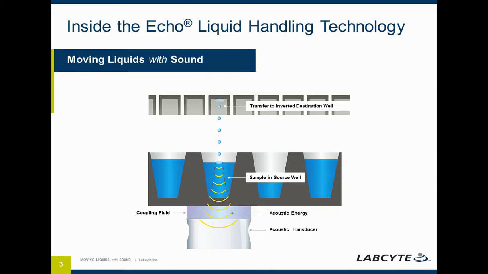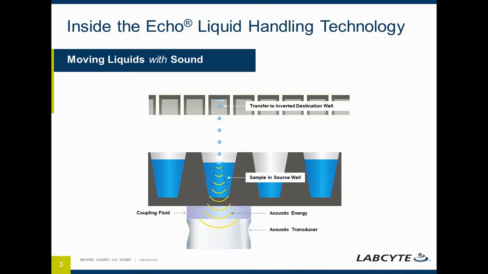Okay, let me tell you a little bit about the technology that provides the foundation for the Echo liquid handler. The Echo liquid handler uses sound energy to move liquids from a source well to a destination well that is positioned above the source in an inverted orientation. At a high level, the process is relatively simple.